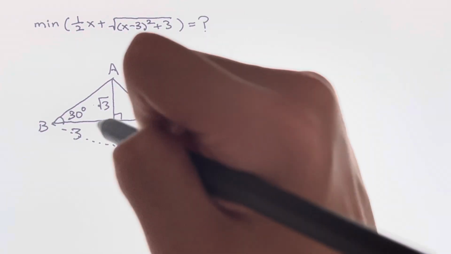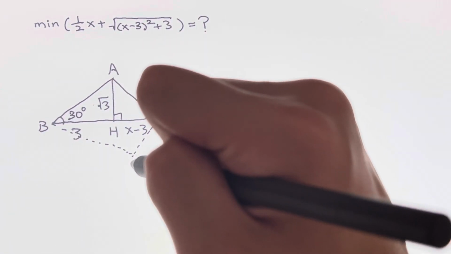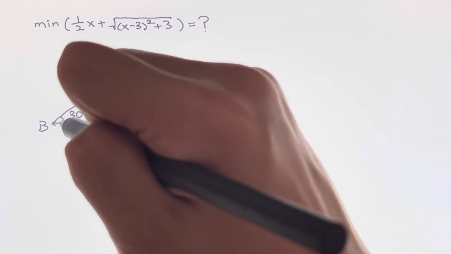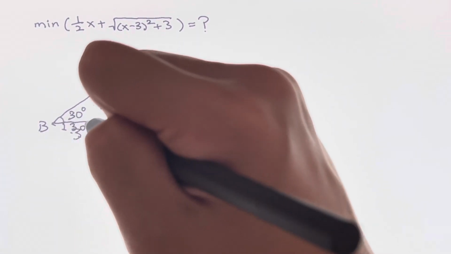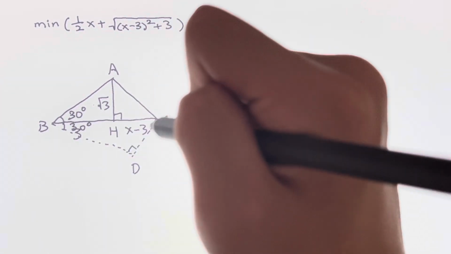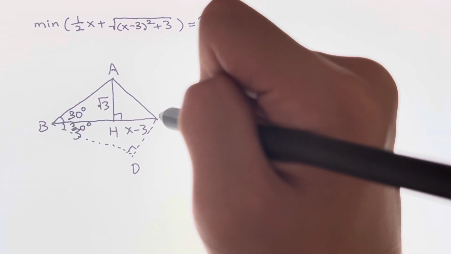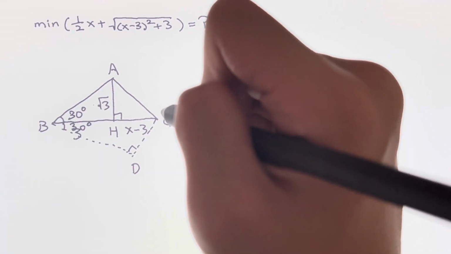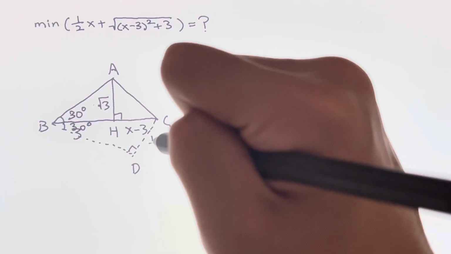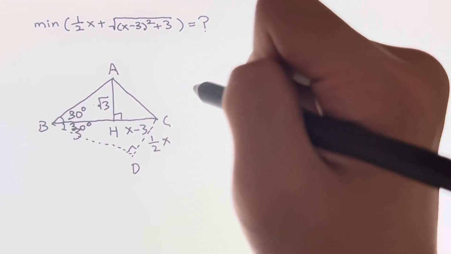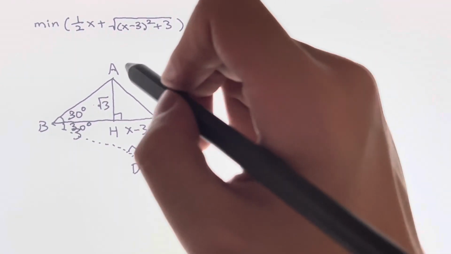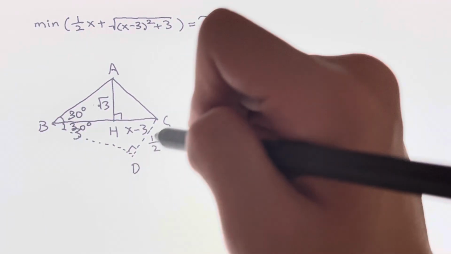Call this point D. Angle CBD is also 30 degrees, and angle BDC is going to be 90 degrees. So this will give us that CD equals 1/2 x.